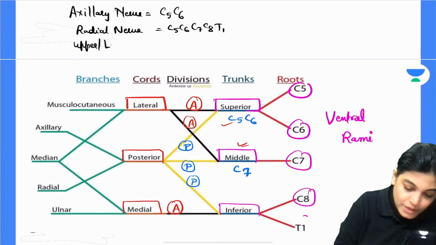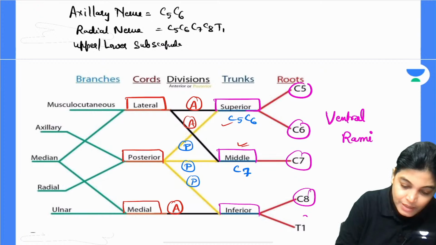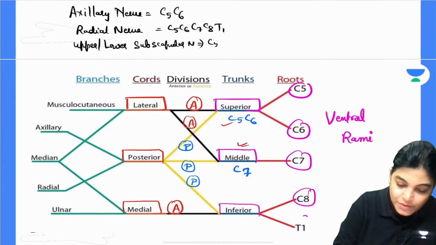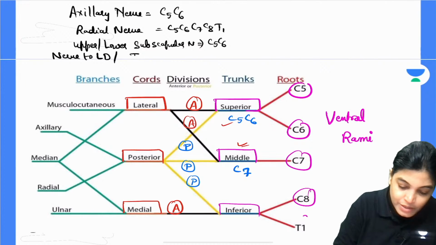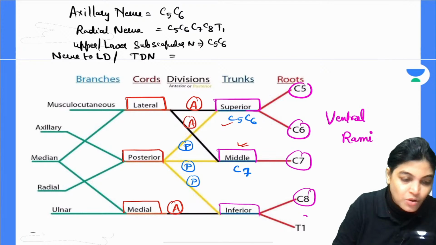Upper and lower subscapular nerve is having the root value C5 and C6, and nerve to LD, latissimus dorsi, which is also called thoracodorsal nerve. I am writing in short form. Is it okay, Mohit?